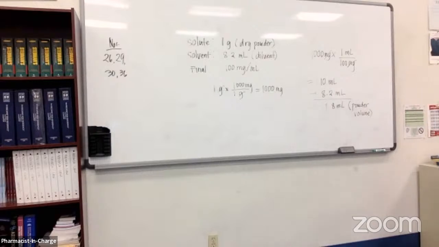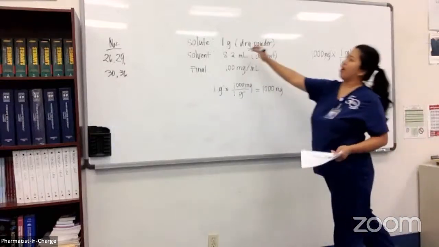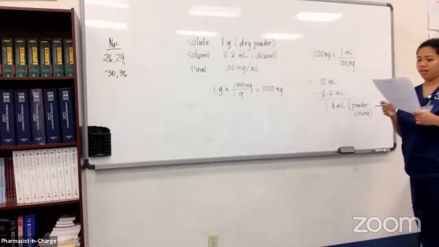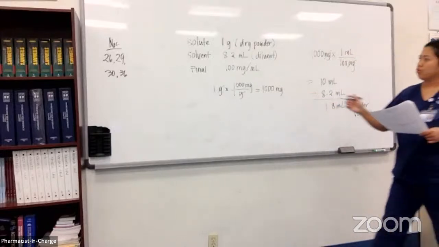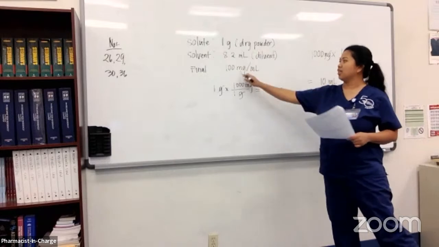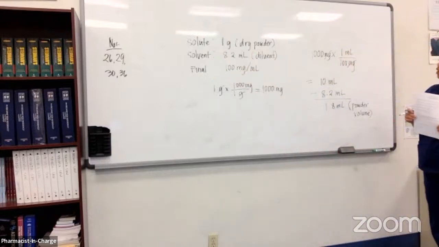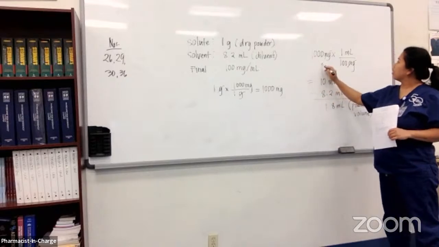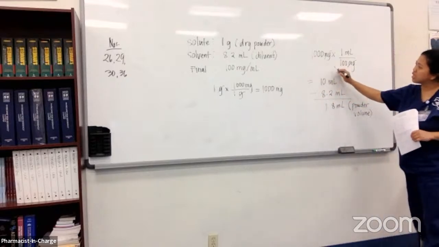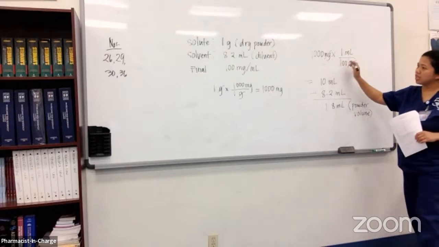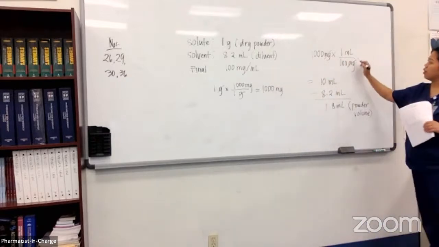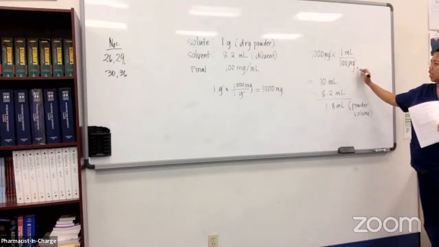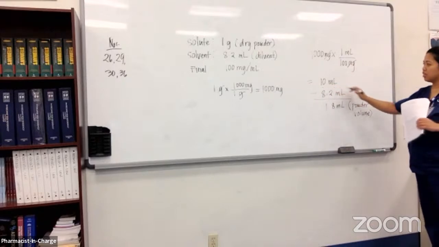And then the label of the final volume would be 100 mg per ml. I converted 1 gram to milligrams to get the same units. Then with dimensional analysis, 1000 mg times 1 ml over 100 mg, I got 10 ml.